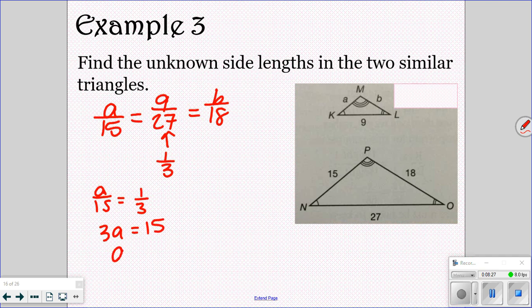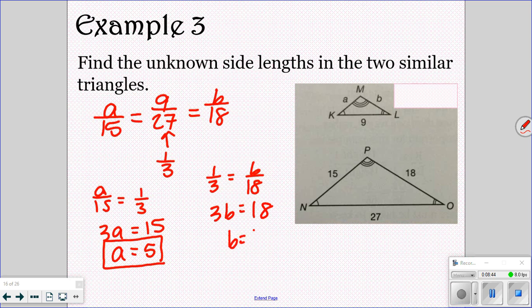And then if you divide, A will equal 5. And then for B, 1/3 would equal B over 18. So 3B equals 18, and so B would equal 6. So that's how you can use your ratios in order to find your side lengths.